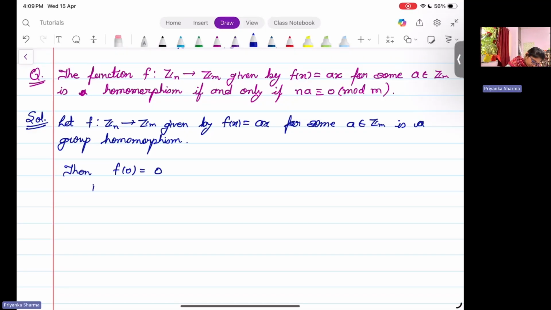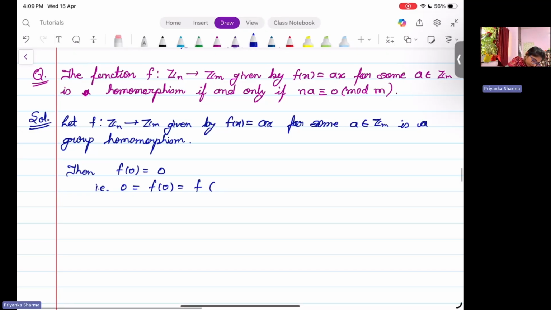That is, 0 is f of 0, which is... now this 0 is the identity element in Zn.